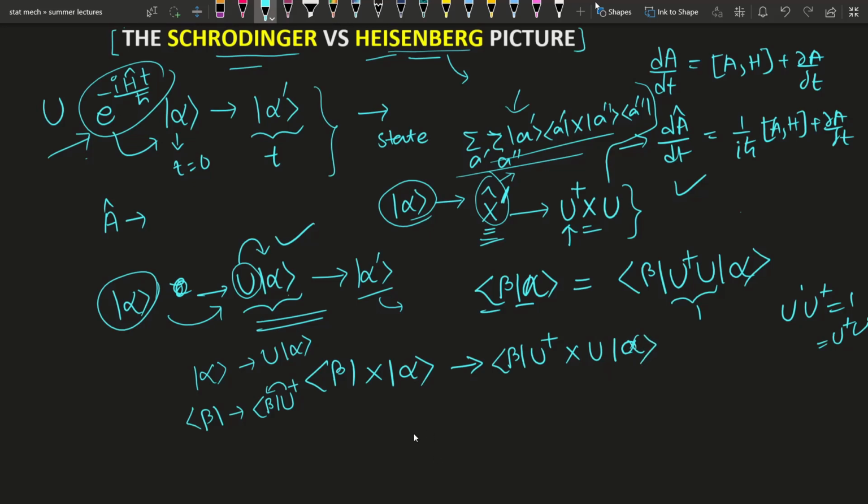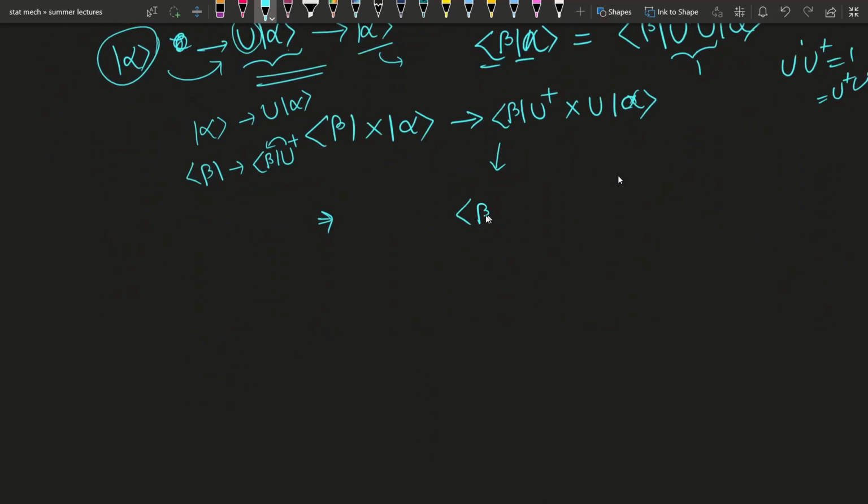Now I can write U dagger this, and then this, and then U alpha this. So this is equivalent to writing beta, U dagger X U, and then alpha.